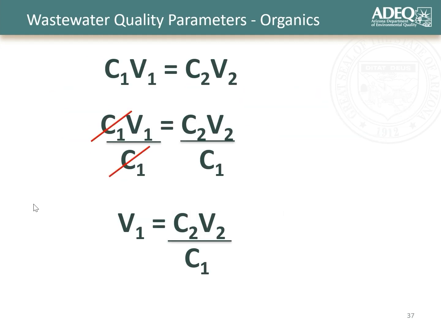So we're solving for V1. We know what the concentration is initially. In this case, we're going to assume the concentration is 100%. We know the final volume, so we just solve for V1. Using the exact same equation from the previous slide, the C1s cancel out, and we're left with V1 equal to C2 times V2 divided by C1.